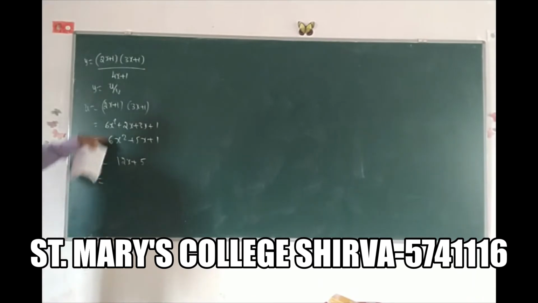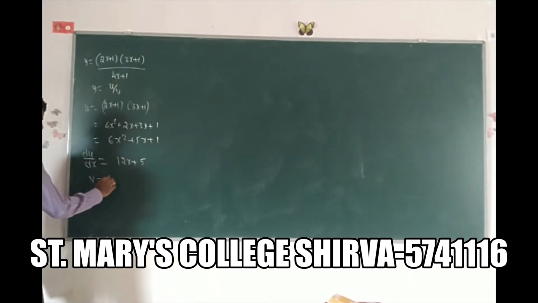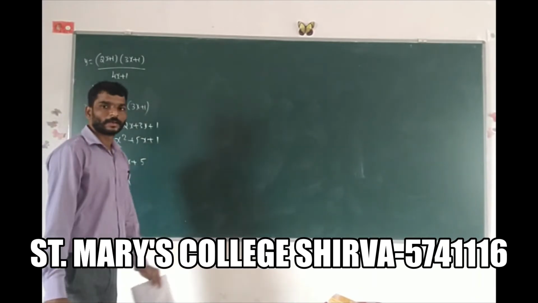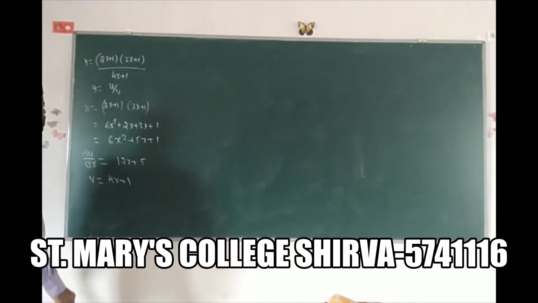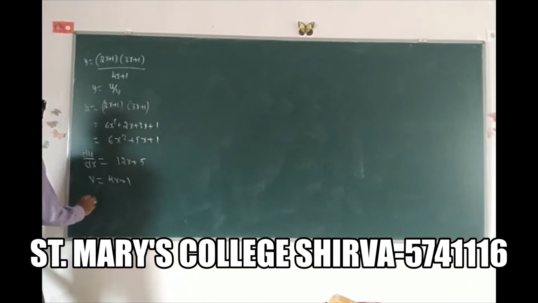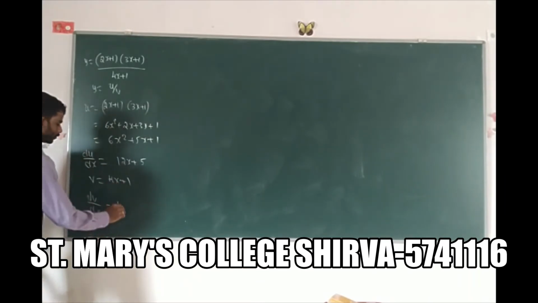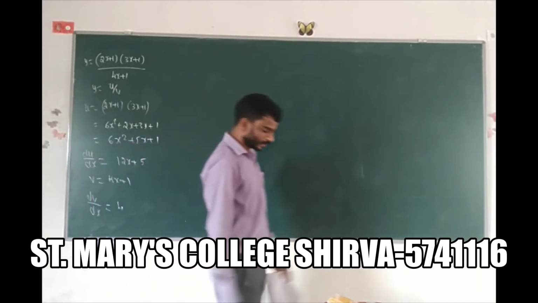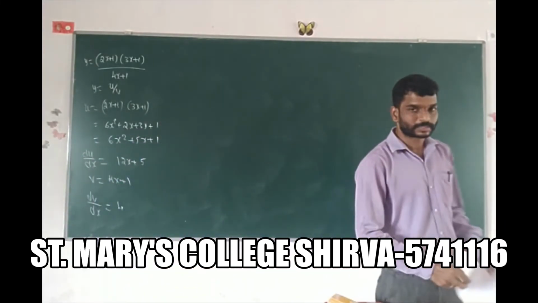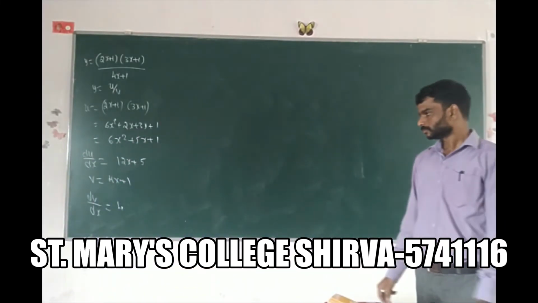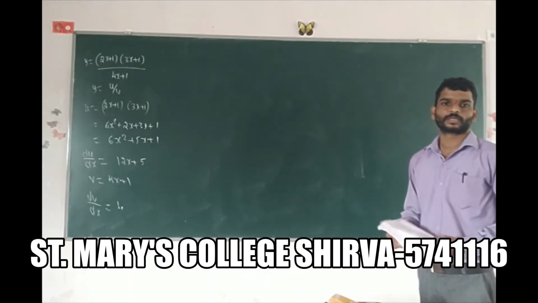What is the value of v? v is 4x plus 1. dv by dx is 4 because the differentiation of x is 1 and the differentiation of the constant term is 0.